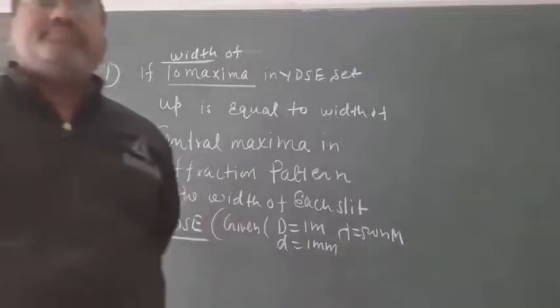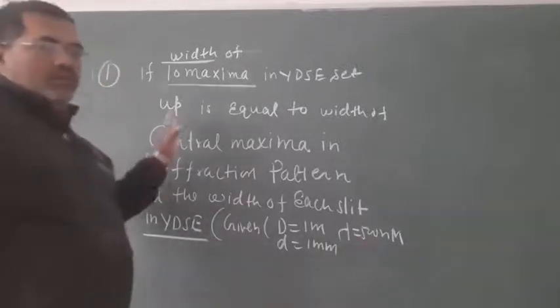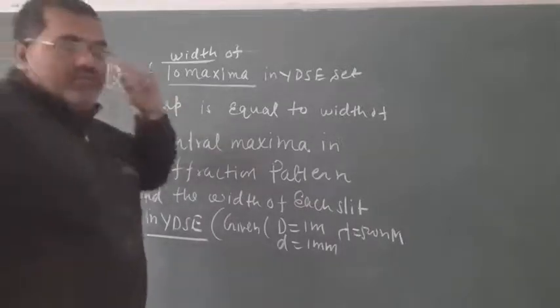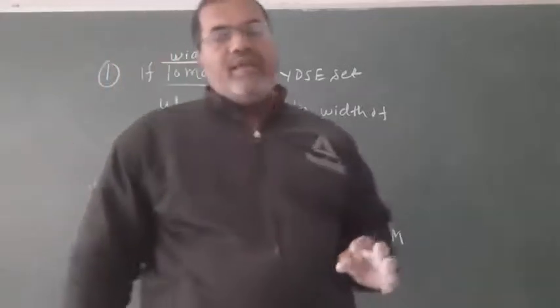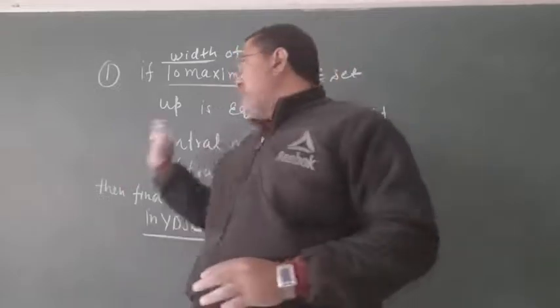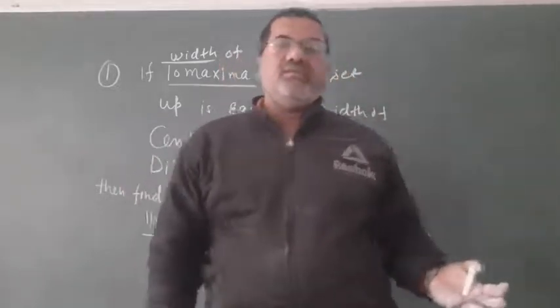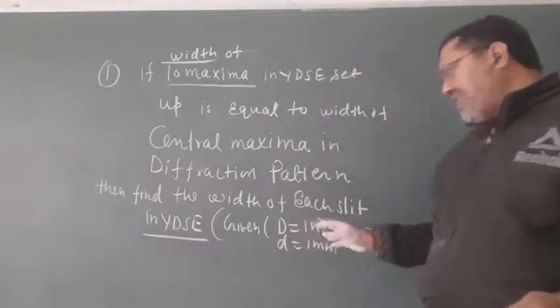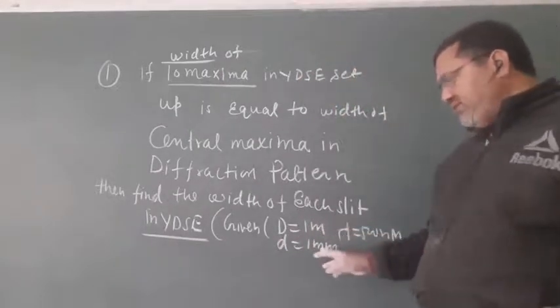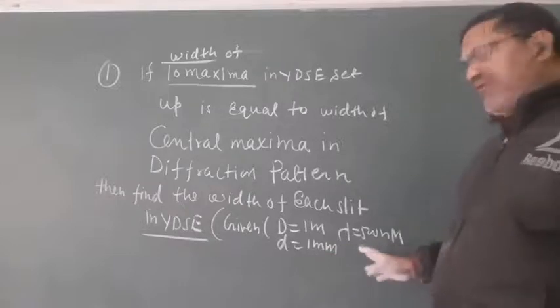This is the question. It is given that the width of 10 maxima in the YDSE setup is equal to the width of the central maxima in the diffraction pattern setup, and capital D is 1 meter, small d is 1 millimeter, and lambda equals 500 nanometer.